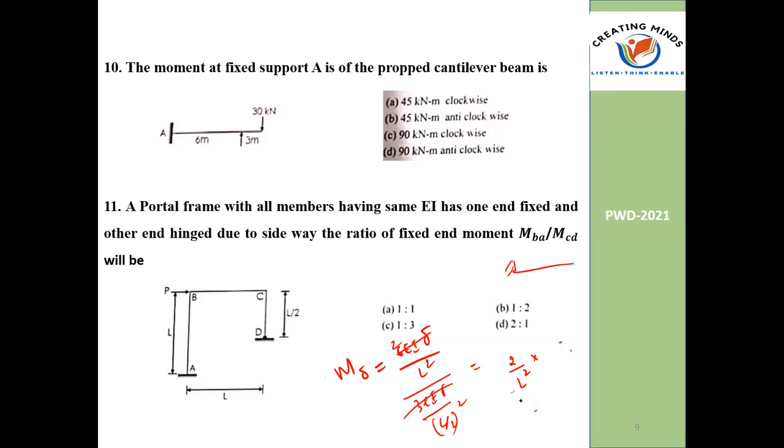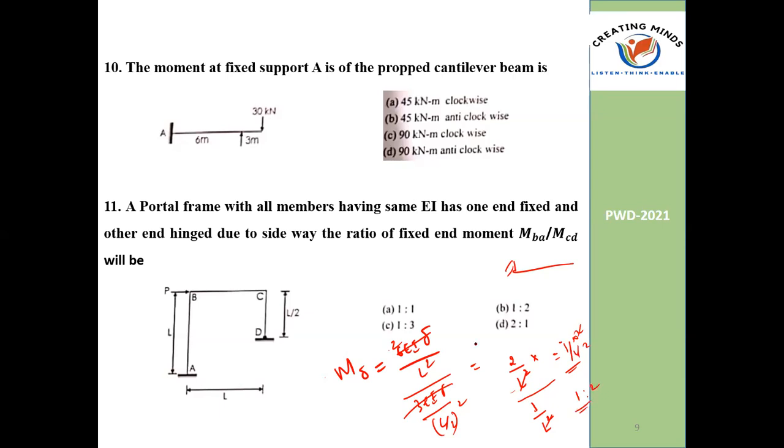This is 2 by L square divided by 1 divided by L square. Taking the 4, it goes up. So L square gets cancelled. So it remains 1 by 4. Sir, 2 into 1 by 4 happens. 1 is to 2, 2 into 1 by 4, yes, into 2. So it will be 1:2 or 2:1?